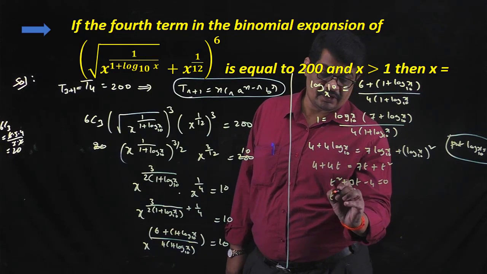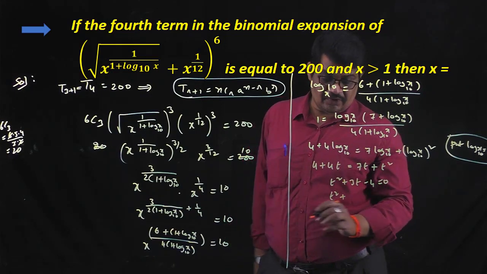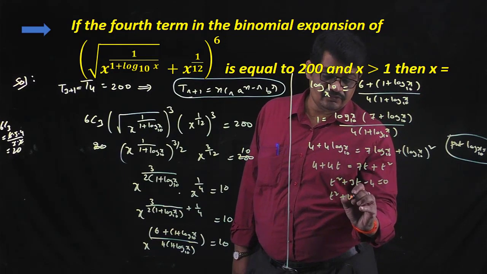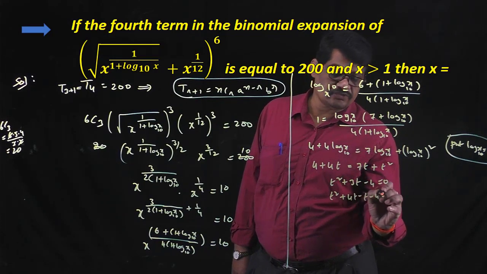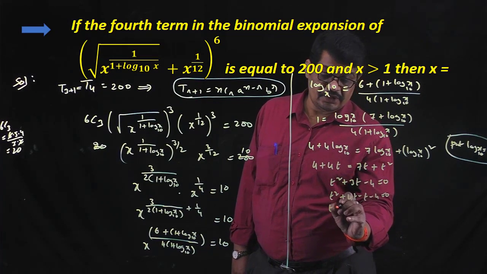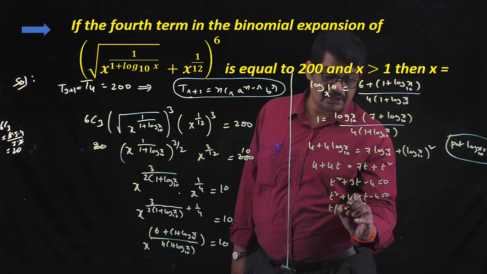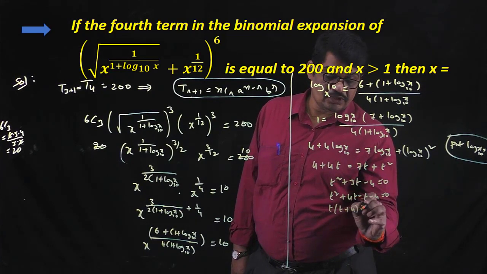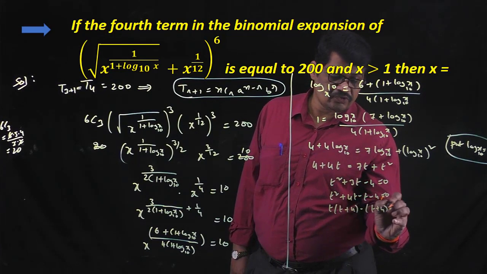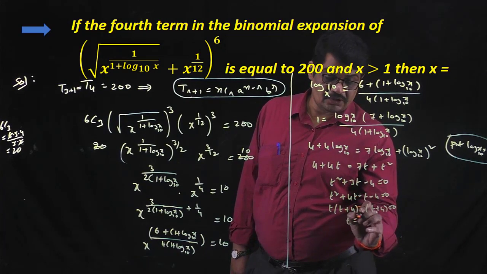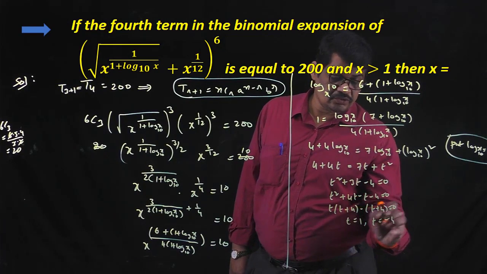So we are writing the factors. Here t square, here 4t minus t minus 4 is equal to 0. So here t is common, then t plus 4, here minus is common, t plus 4 is equal to 0. So from that t is equal to 1 and t is equal to minus 4.